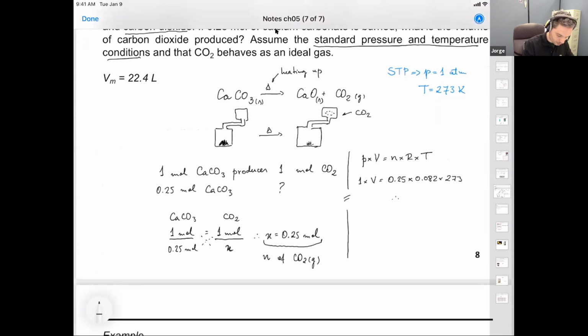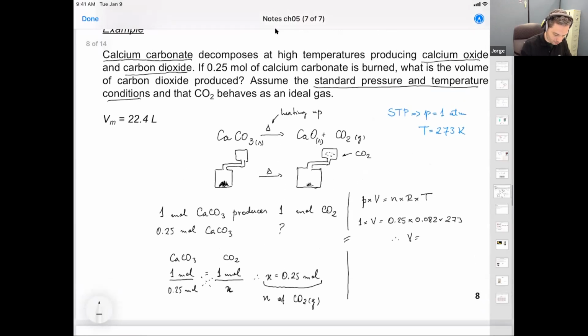Solving the equation, we are going to find that the volume of CO2 produced after the burning of calcium carbonate is 5.6 liters. Okay, so that's the option number 1 to solve the problem.